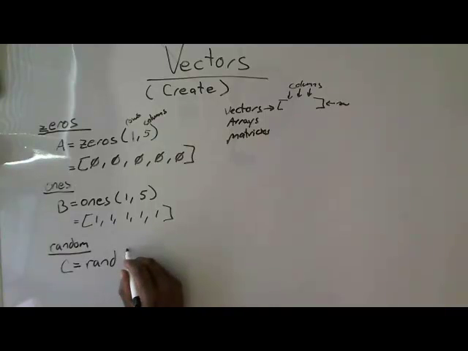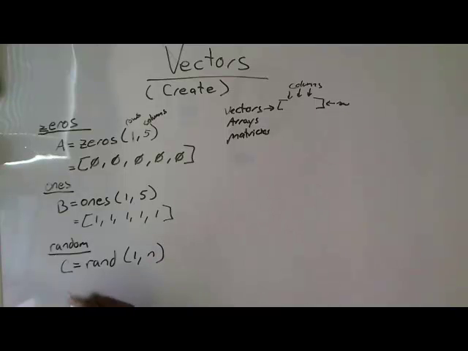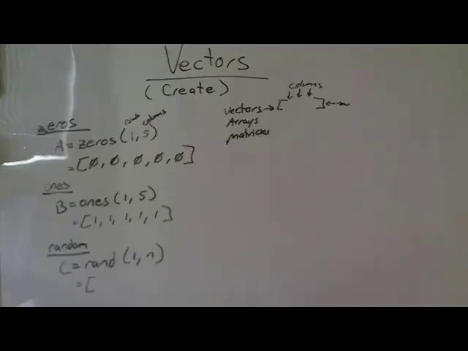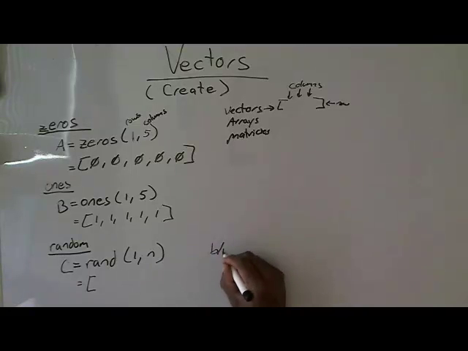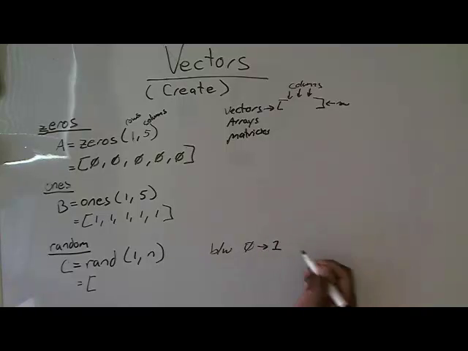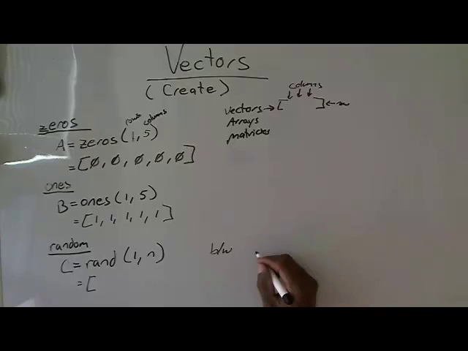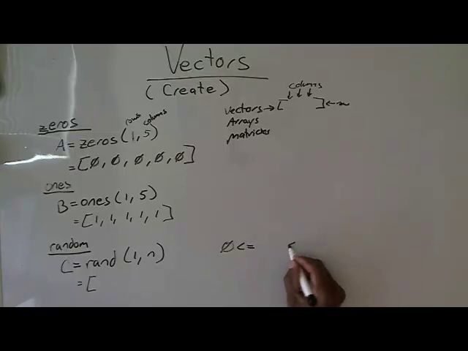If you did rand 1, n, it would give you a vector of random numbers between 0 and 1. I think it's inclusive, greater than or equal to 0 and less than or equal to 1. So it'll give you numbers in this range here.